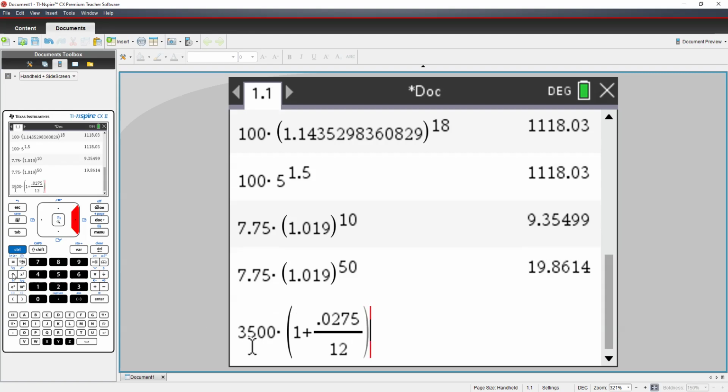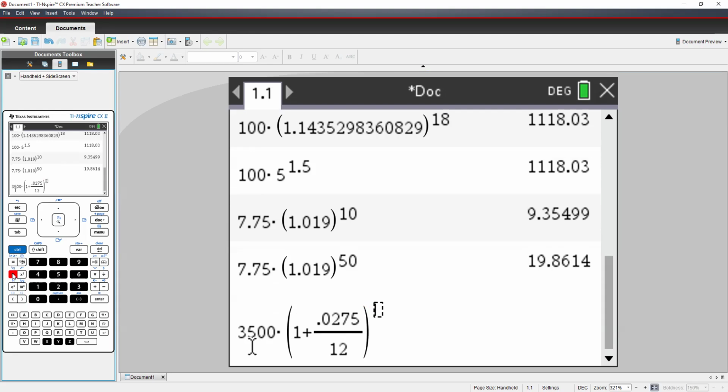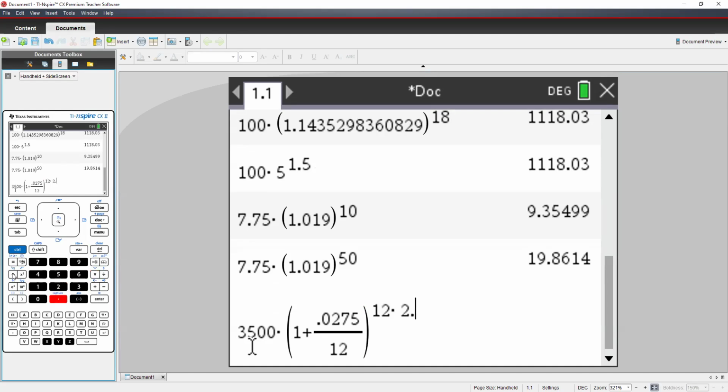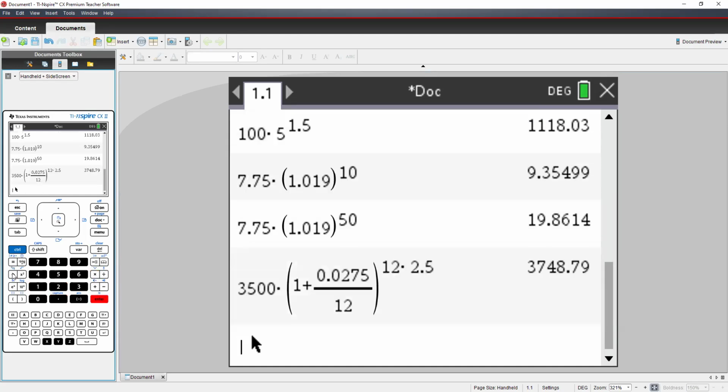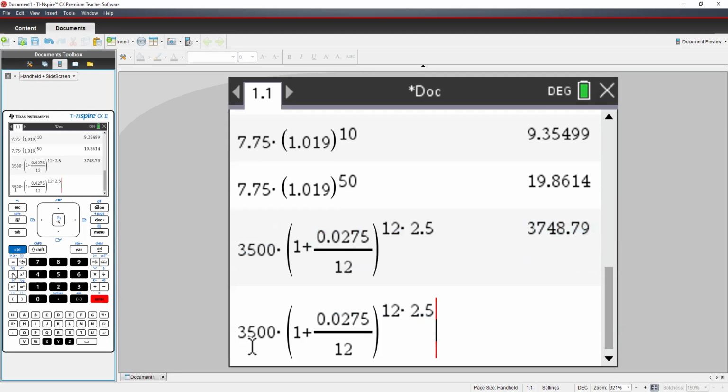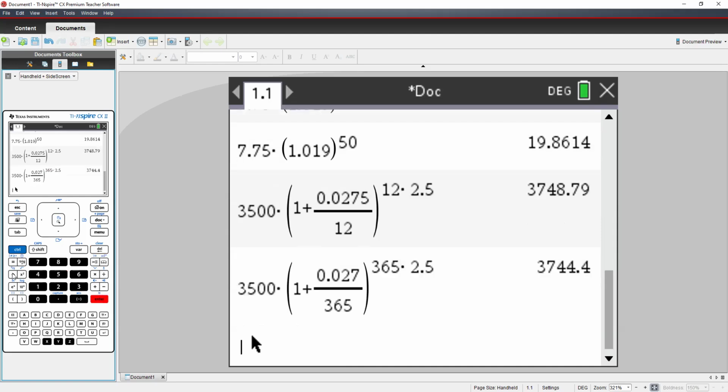Then I'm going to hit my rooftop here. This was then going to be NT, so that'd be 12 times 2.5. And so there's that money, and I'm just going to copy and paste and just change the numbers that need to be changed. This is now going to be 0.027 at 365 days. And then this is 365 days for 2.5 years. And there you go right there.